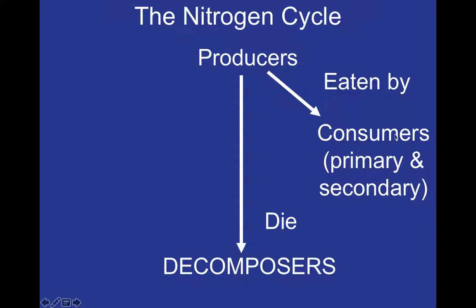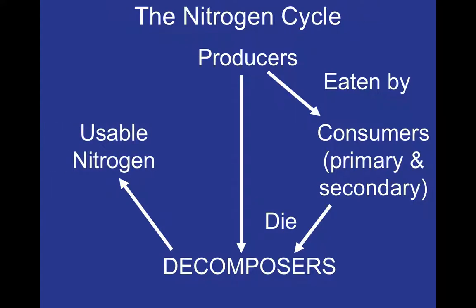Now, like I said, consumers can eat each other, but eventually they're going to die and also go to the decomposers. The decomposers take the organic matter in those dead producers and dead consumers, and they pull out the nitrogen. They make it usable, and then the new producers can actually use it. So go ahead and let's pause the video here so that you can get this cycle completely copied down.